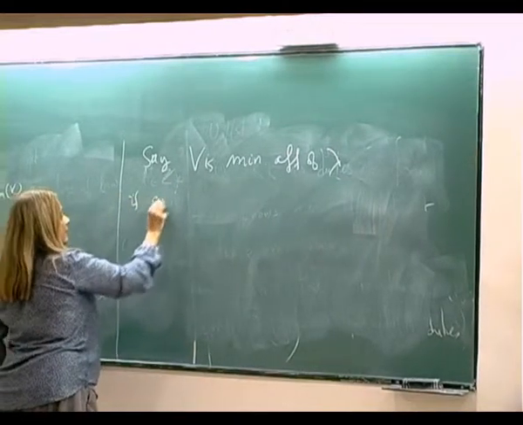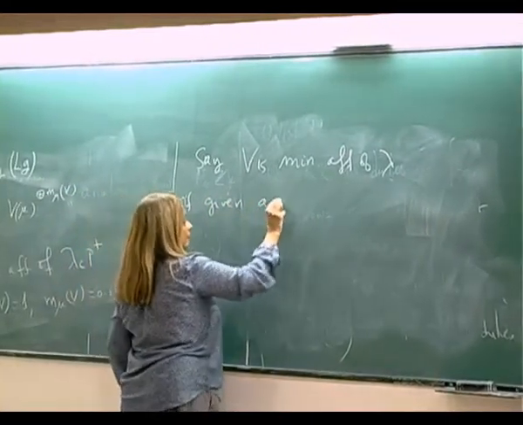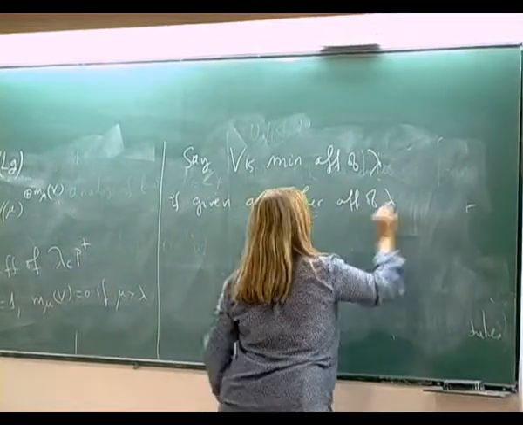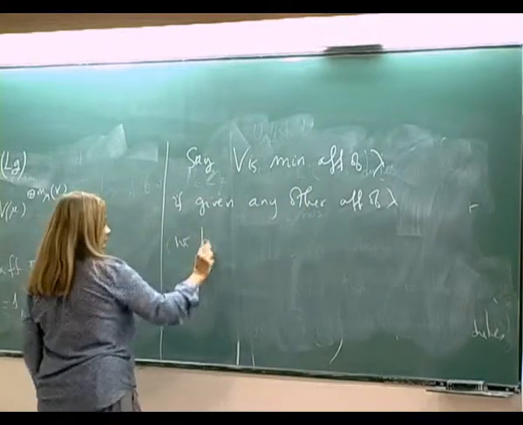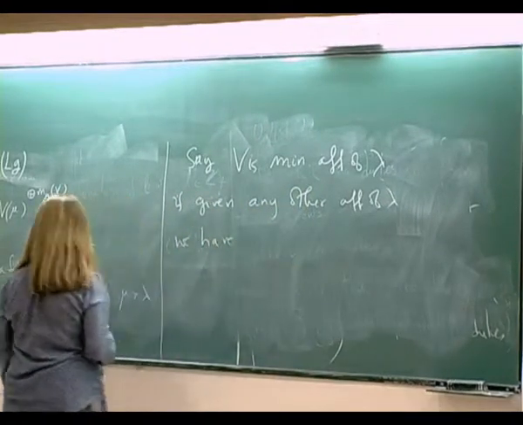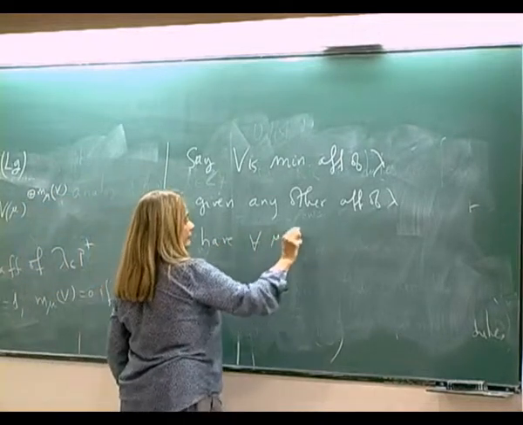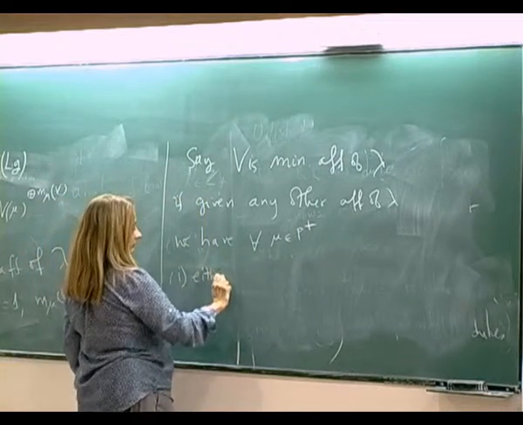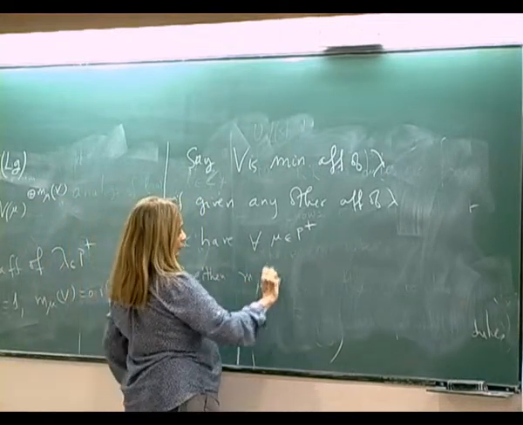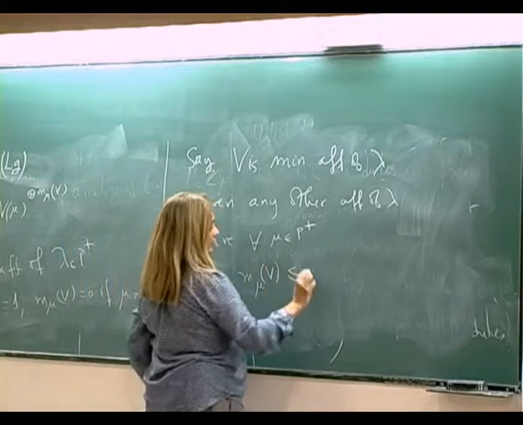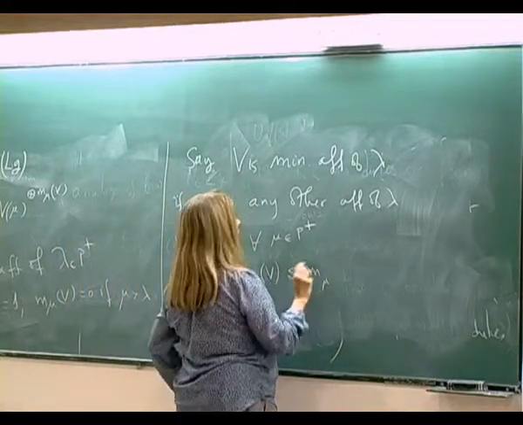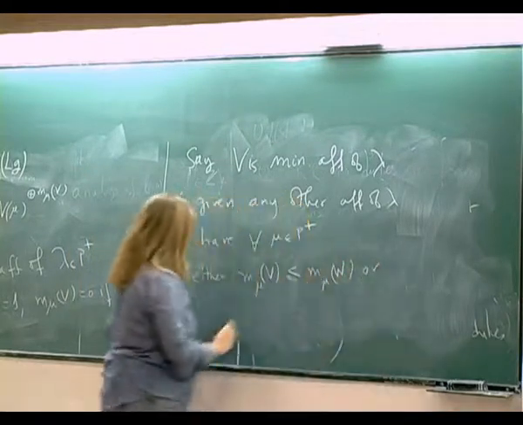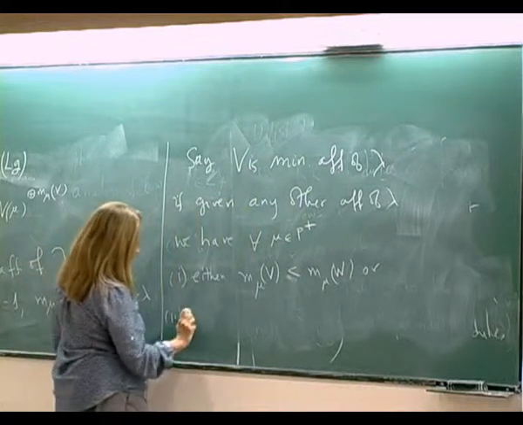Given any other affinization W of lambda, for all mu in P plus, the following must hold: either m_mu(V) is less than m_mu(W), or they're equal, but this happened earlier.